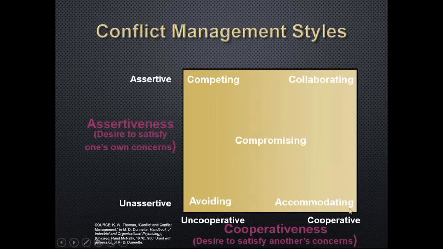So accommodating is at the height of cooperativeness, while competing is at the height of assertiveness. Avoiding is at the height of unassertiveness, or the least of assertiveness. Okay, that's the way it's designed, as you can see. Because when you're competing, you are being very, very assertive. And when you are accommodating, you are being very, very cooperative. That's what we try to say.